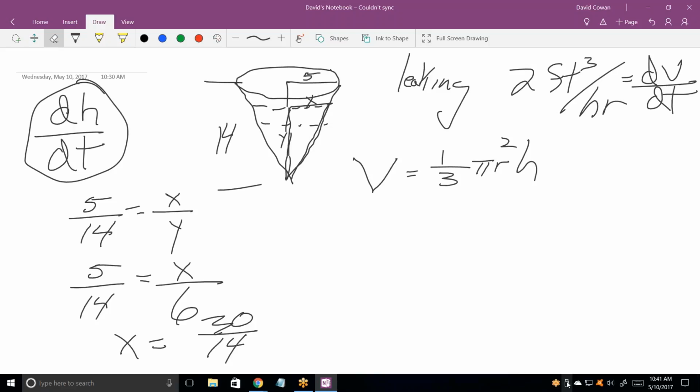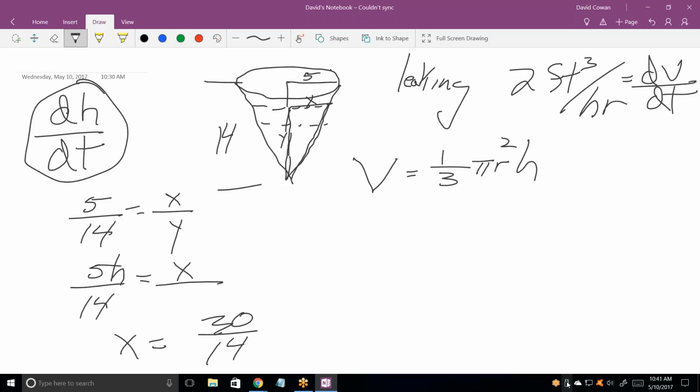So x is equal to 30/14, and that is r. So how come it's not a function of h? It is a function of h.